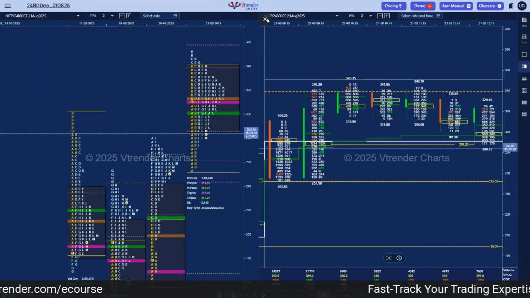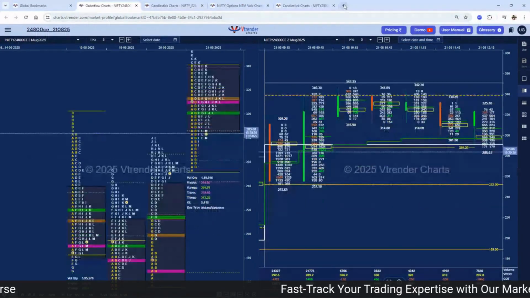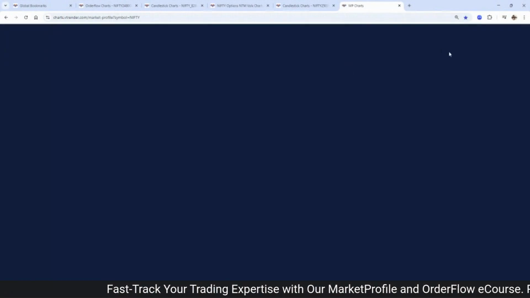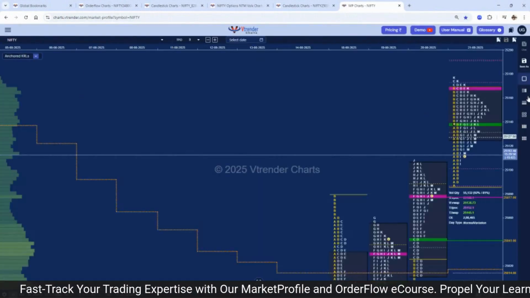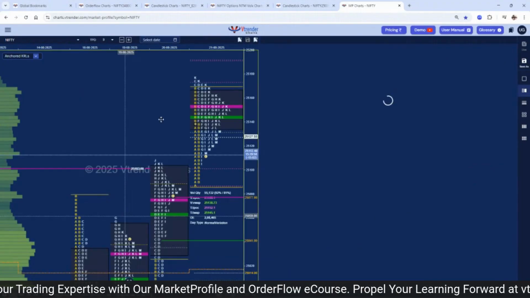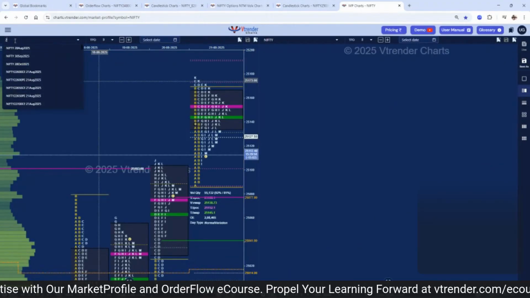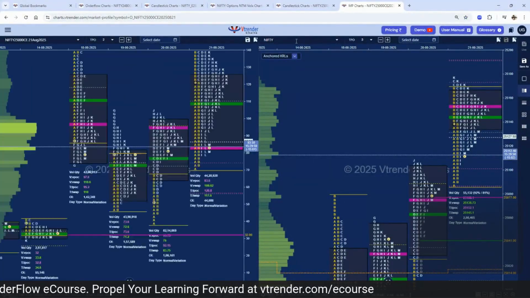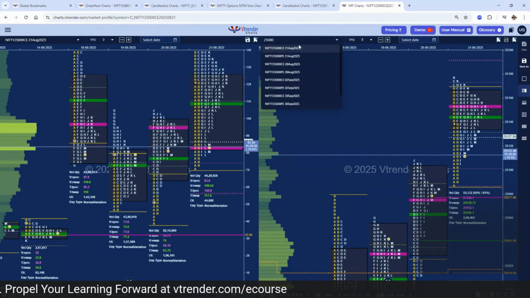So if I just quickly do a two window mode of the 25,000 call market profile chart on the left and the same order flow on the right.